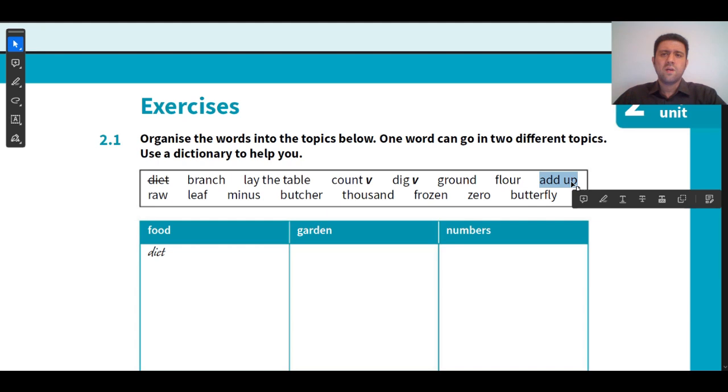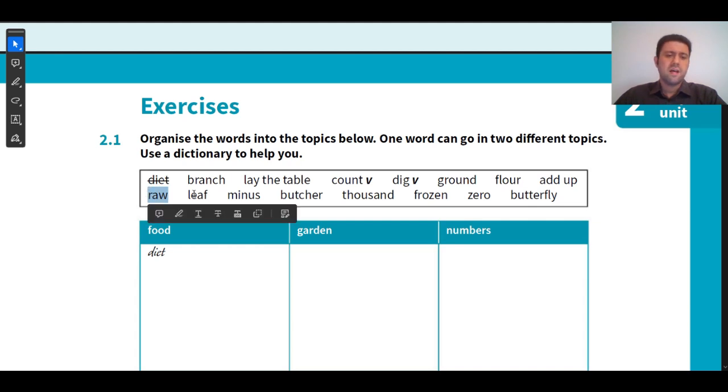Add up means to find the total by combining the numbers. Raw means not cooked. Leaf is the flat green part of a plant. Minus means to take away one number from the other one. As an example, 5 minus 4 equals 1.